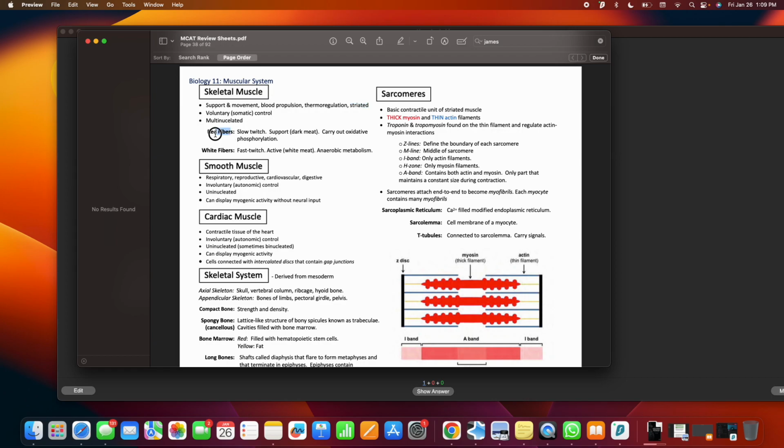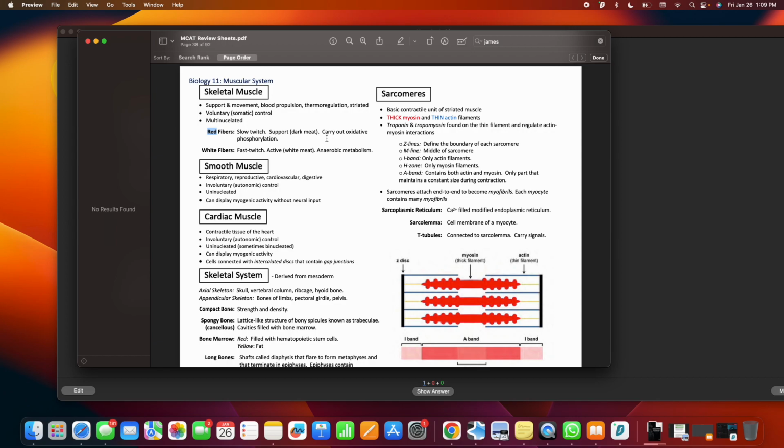The red fibers are for slow twitch support. They also are for support, so they should be slow and steady. And dark meat, that's where you have your red fibers. They carry out oxidative phosphorylation. The red is the sign of red blood cells.